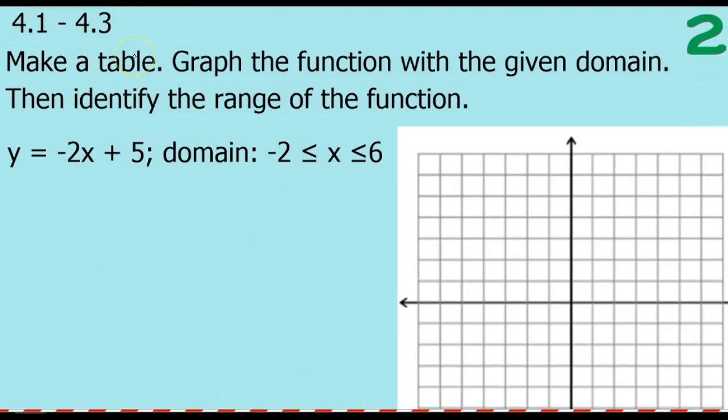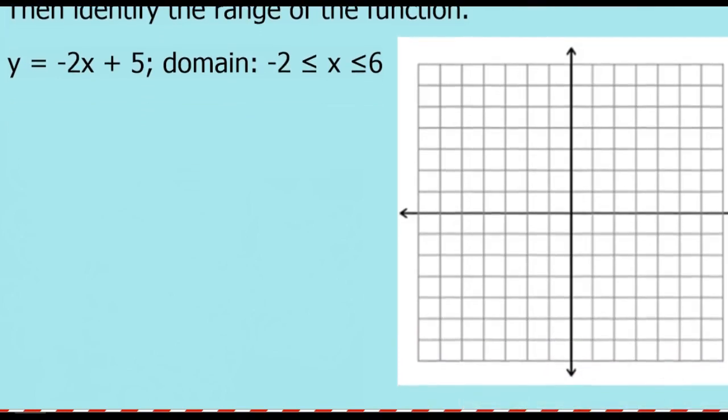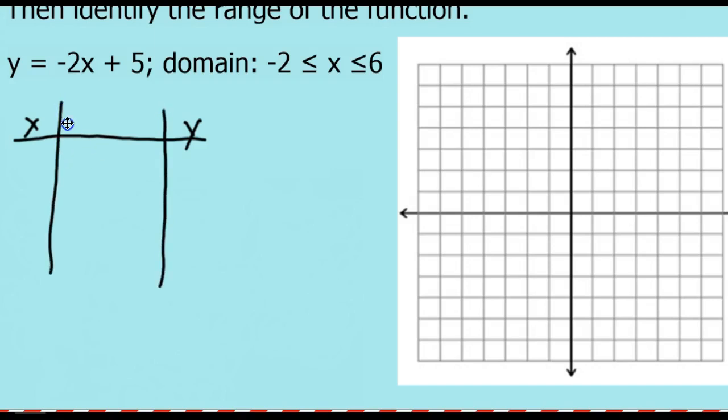Okay, same thing here. It says make a table, graph the function with the given domain, then identify the range of the function. So we got to make another table. We have x and y. We have negative 2x plus 5.